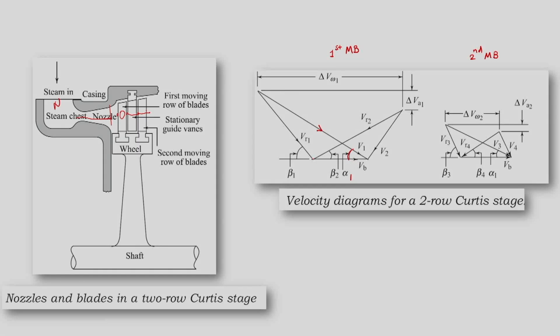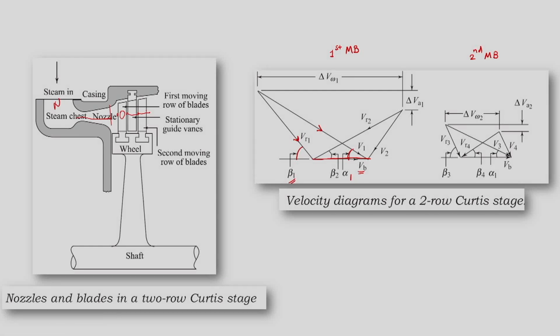We know that the moving blades are rotating with tangential speed Vb, at speed rpm n. Then there is an angle alpha 1 between them. So, we have the relative velocity at the entry as Vr1 and the corresponding angle as beta 1.